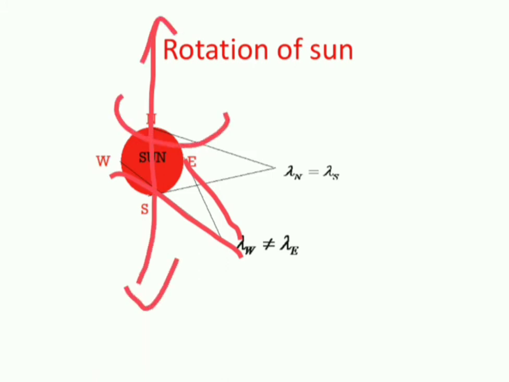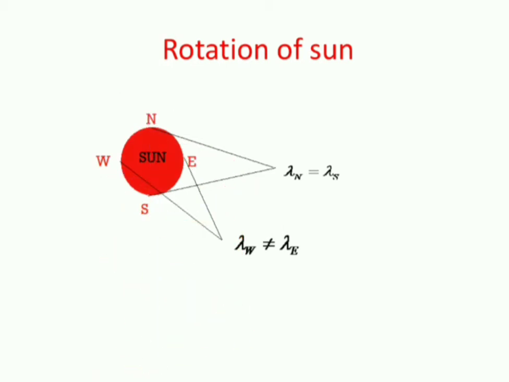If suppose the sun is rotating in anti-clockwise direction, the wavelength that we receive from the west end will be more because it's approaching, when compared with east. So if you observe a difference in wavelength between the west and east parts of the sun, this implies the sun is rotating about an axis passing through north and south. This is how we can prove whether the sun is stationary or rotating about an axis.